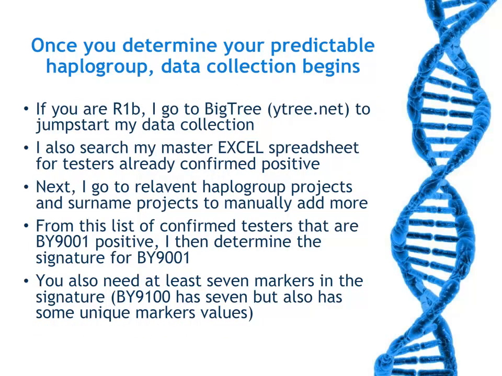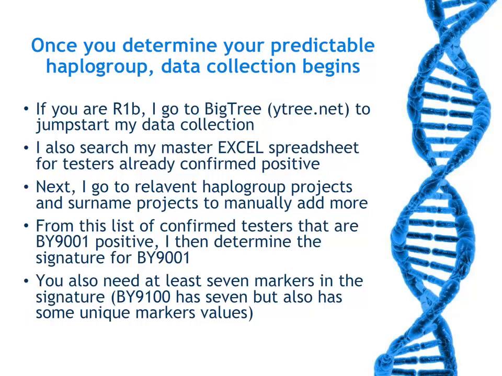So once you've determined a particular haplogroup, you start the rather difficult and arduous task of collecting data. If you're under R1b, I go to the Big Tree, which is also at ytree.net as the URL, to jumpstart my data collection. I also search my master Excel spreadsheet for all of haplogroup R testers to see if some of them show up in my master spreadsheet already.